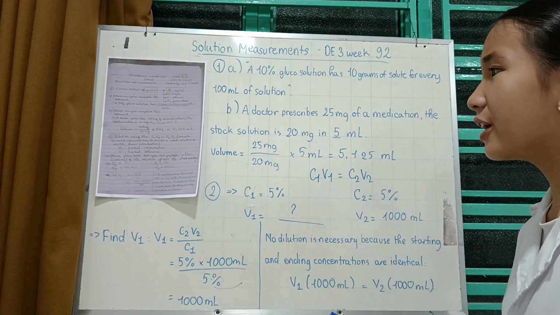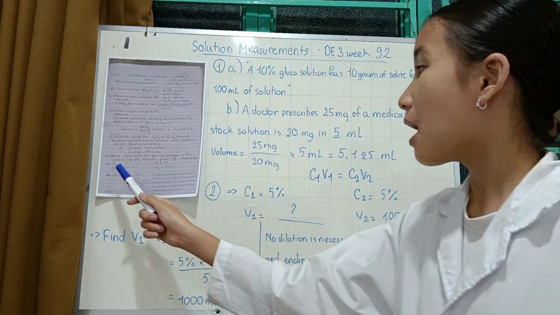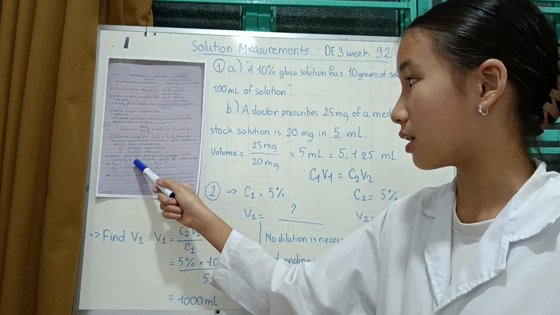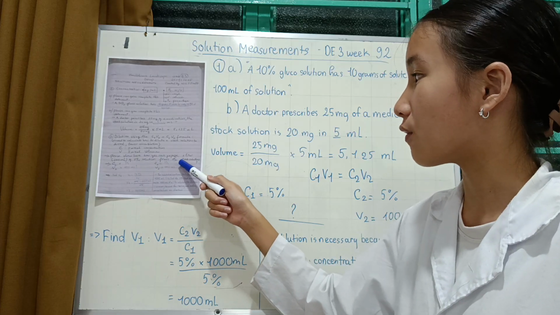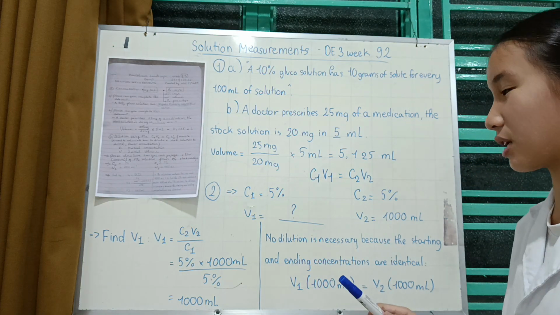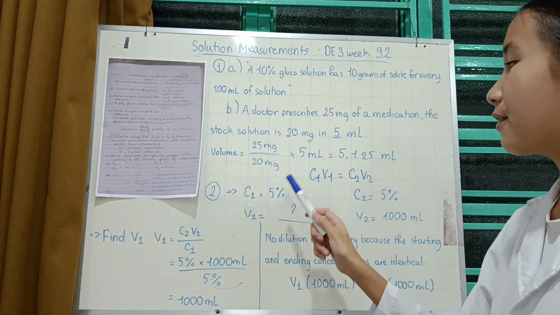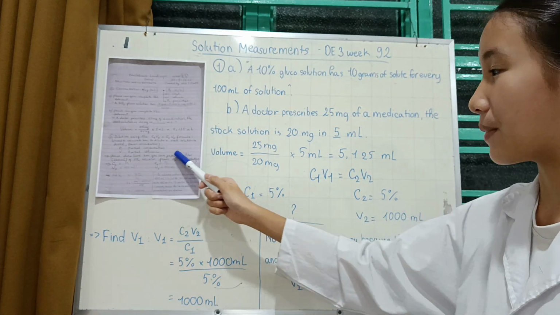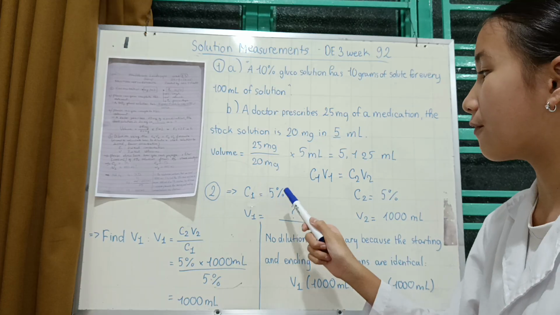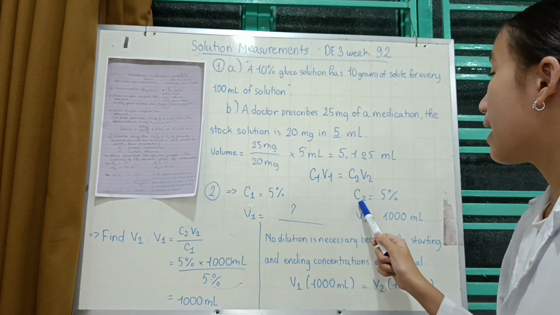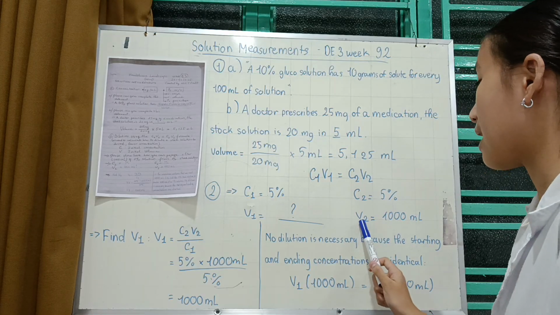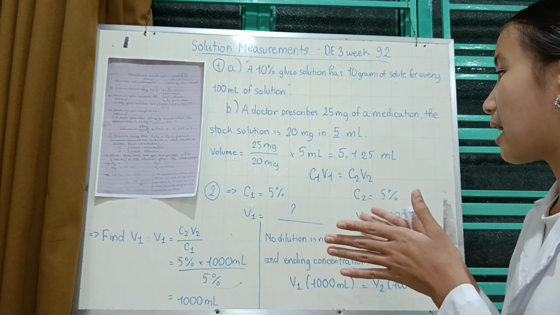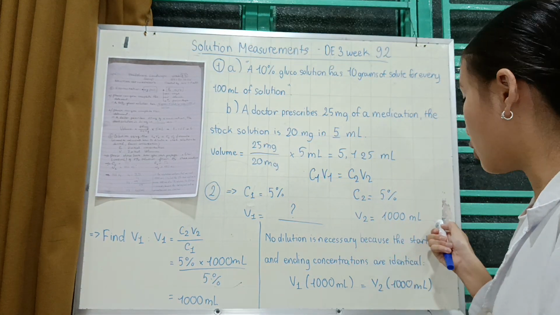So here, Mrs. Prout sent out for us: please show how you can prepare 1 liter or 100 milliliters of 5% solution from 5% stock solution. Now, I have C1, which is 5%, because based on this statement I can infer that C1 is 5%, C2 is also 5%, and V2, the ending desired volume, is 100 milliliters.